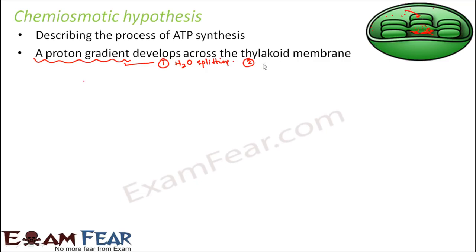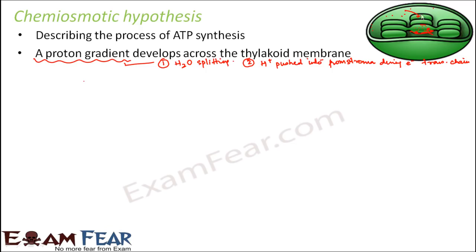So there are two ways protons are pushed in from stroma during the electron transport chain. I'm just writing it in short, but you understood the concept, right? So this will also push protons to the inside.